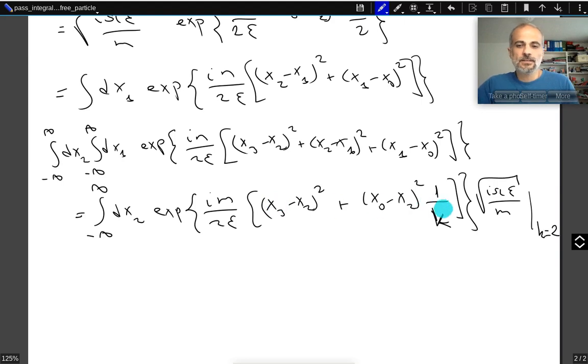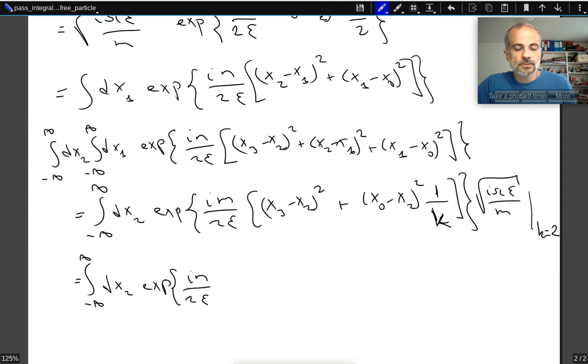Now again we can calculate this integral by converting it to a Gaussian integral and using the Gaussian integral result. So this will be equal to, let me first simplify the exponent, the x2 exponent of i m over 2 epsilon. There is an x2 squared, one coming from this term, another one coming from this term, so that will bring a 1 plus 1 over k. Then there is, with a minus sign, minus 2x2.